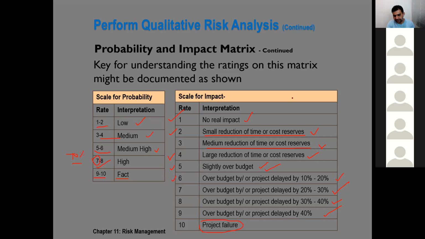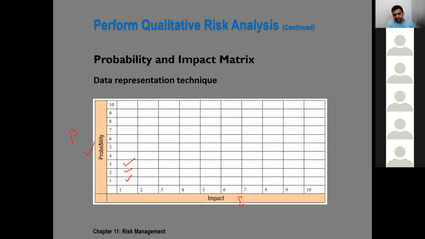In the previous slide, you can see we determine the probability and impact of each risk, and based on that probability and impact, we give a grade to our risk.